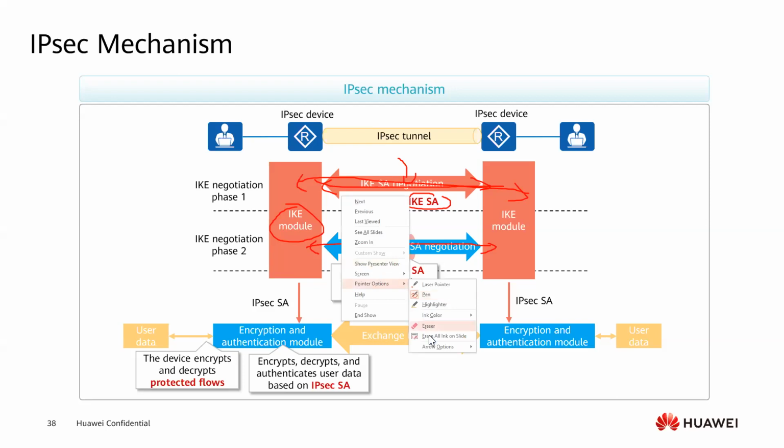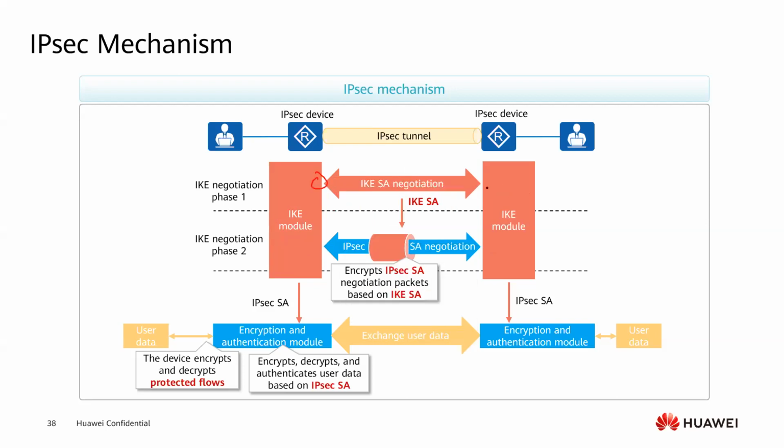The SA means which way those two devices will use to do the encryption, decryption, authentication, those kinds of things. And in the second phase, here's the problem. In the second phase, the IPsec will use the IKE SA to do the asymmetric encryption.